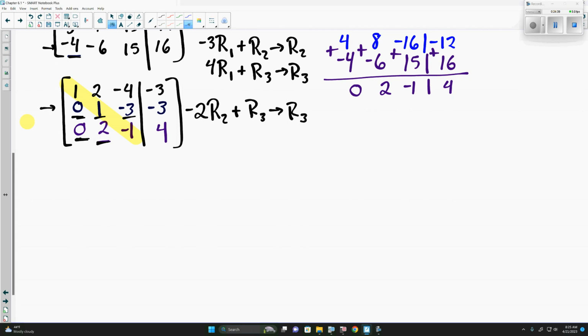Because if we multiply the second row by negative 2, well, negative 2 times 0 is indeed 0. 1 times negative 2 is negative 2. And negative 2 times negative 3 is 6. And negative 3 times negative 2 is still 6.